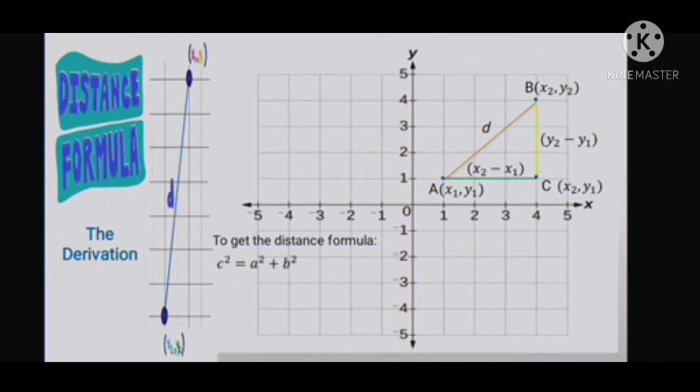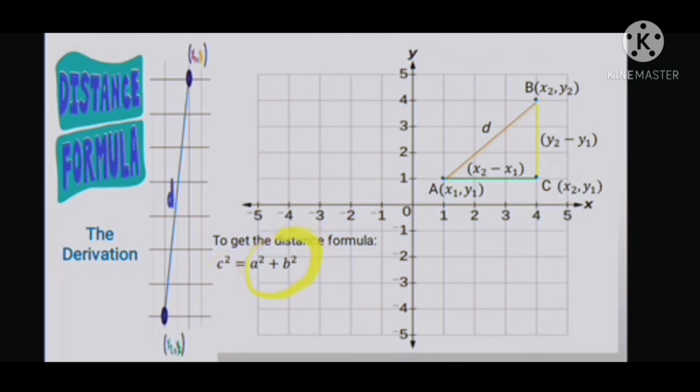What is the Pythagorean theorem? It's the square of the hypotenuse. The side AB is the hypotenuse since it's the longest side. The square of the hypotenuse, so we have here c squared, is equal to the sum of the squares of the two legs.